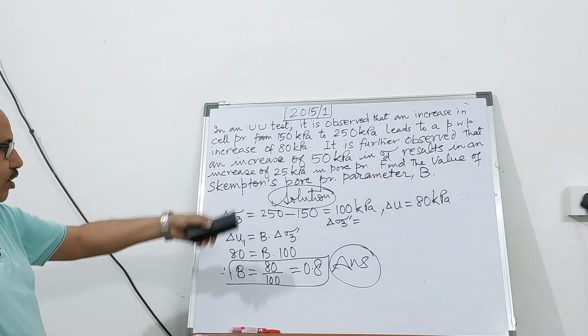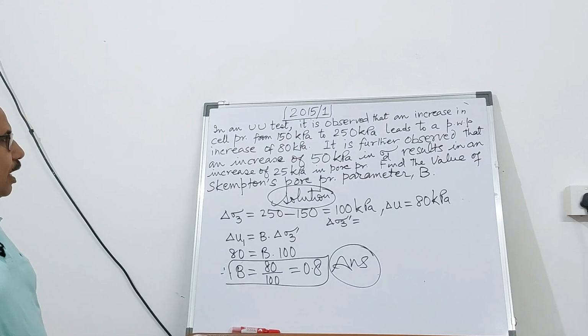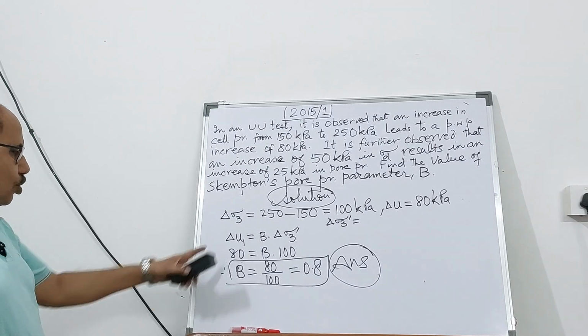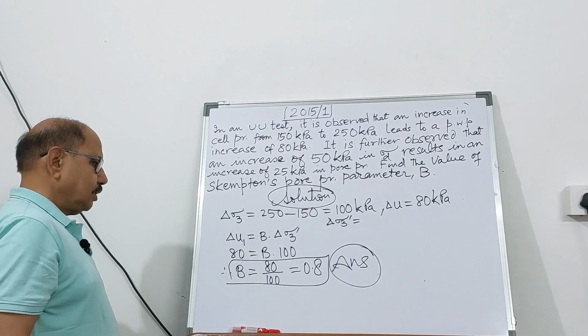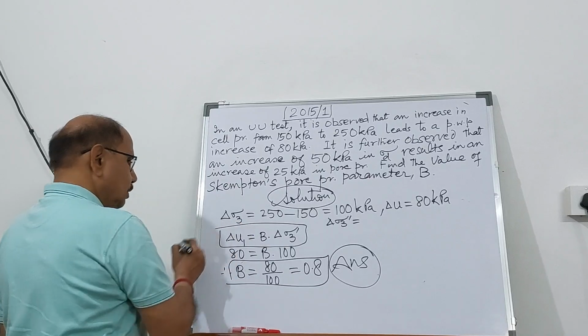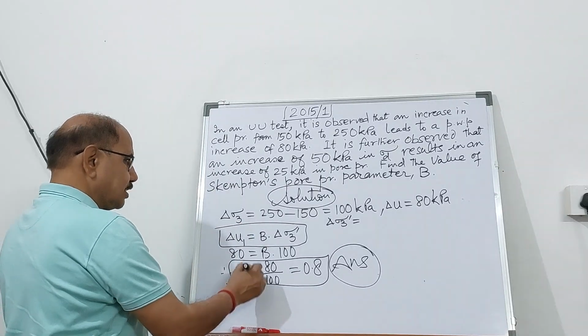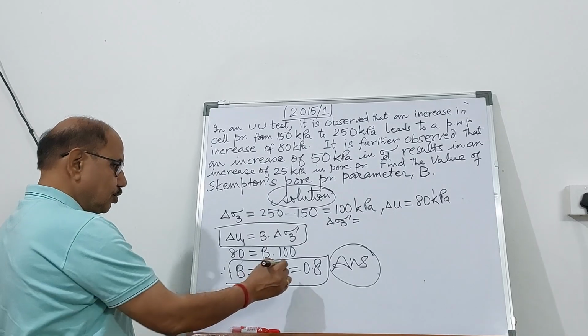Just find out delta sigma 3 and the corresponding increase in pore water pressure, and therefore from this relationship you can find out Skempton's pore water pressure parameter B, which is 0.8.